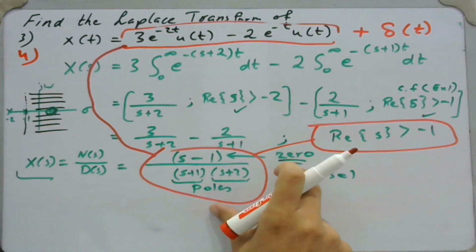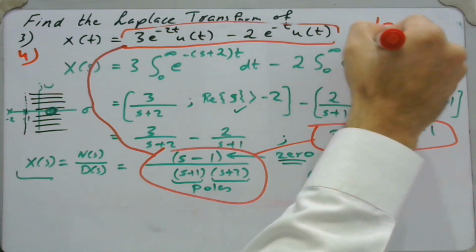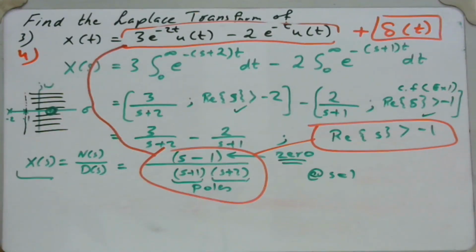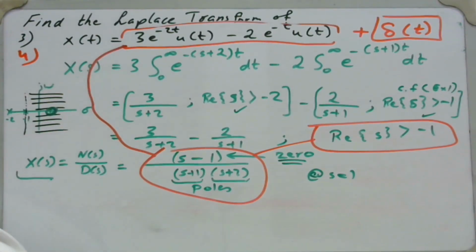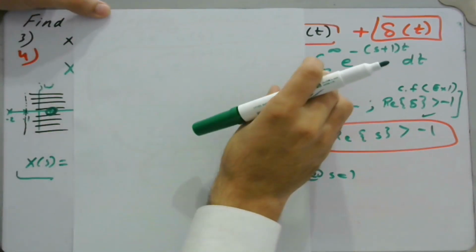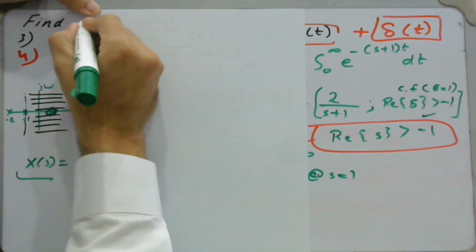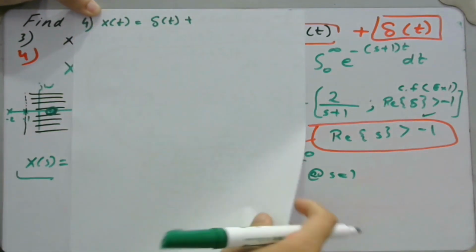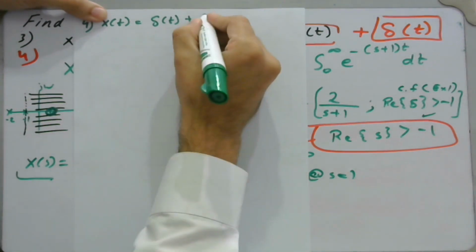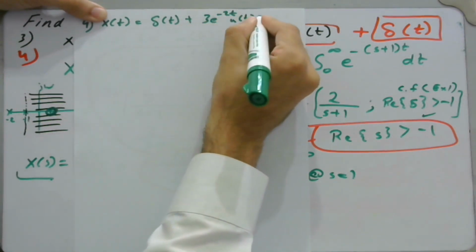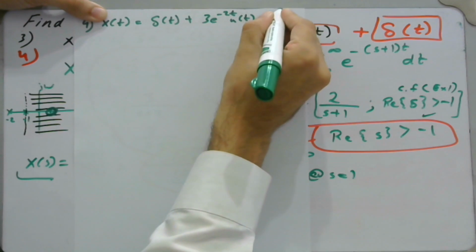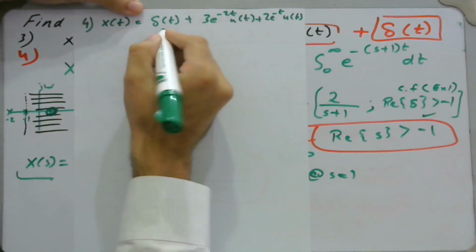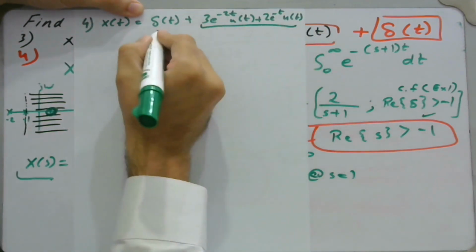If we add this with the Laplace transform of delta of t, we should get the solution. Let us proceed to that. That is the fourth example. This is already done, so we won't do it again.